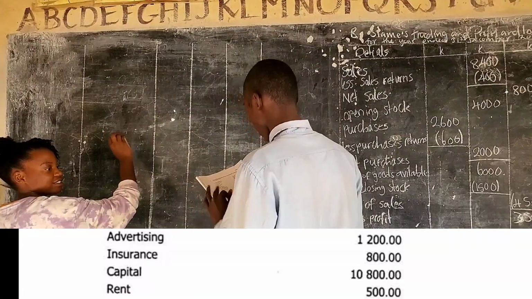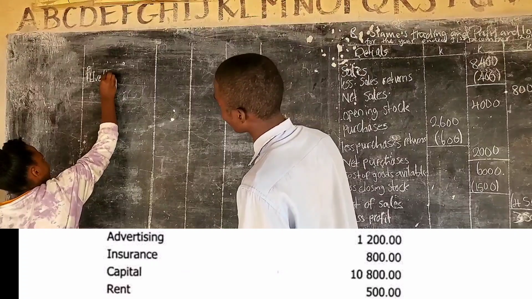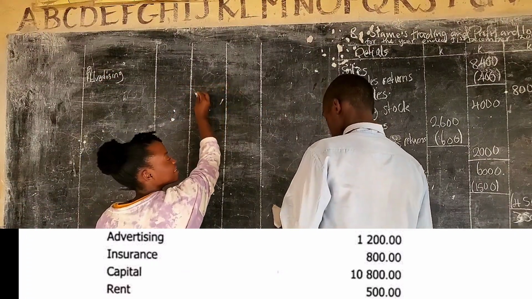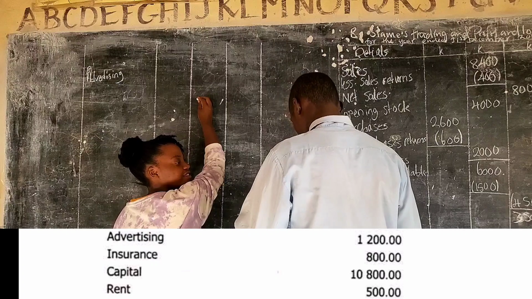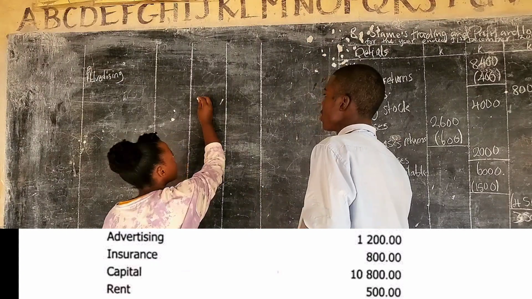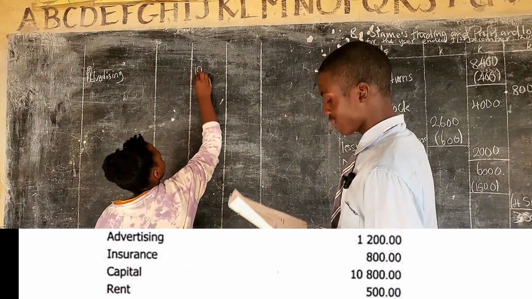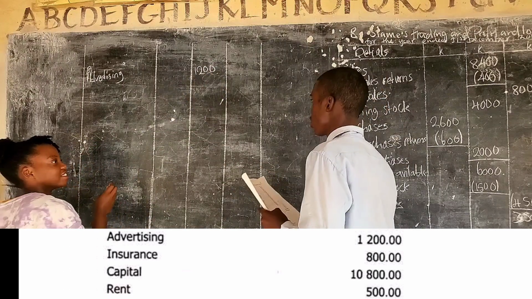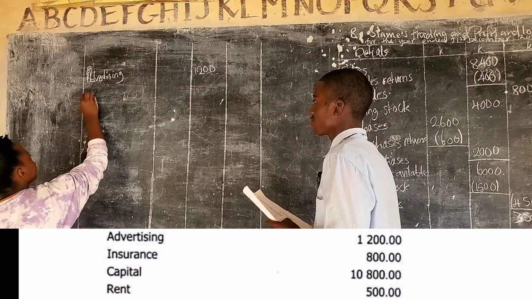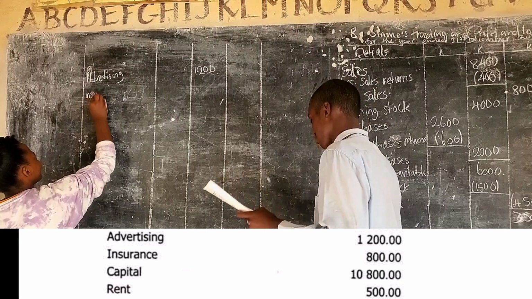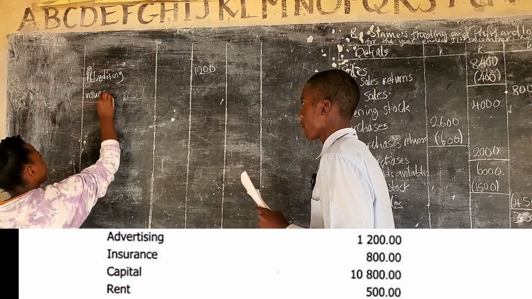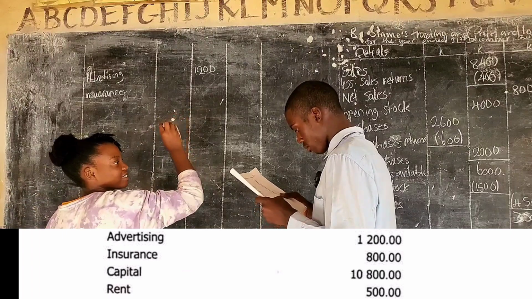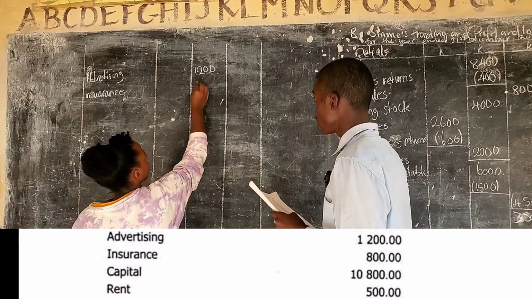The other expense? Insurance. How much? 800.